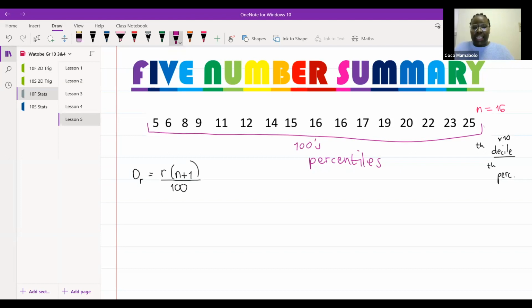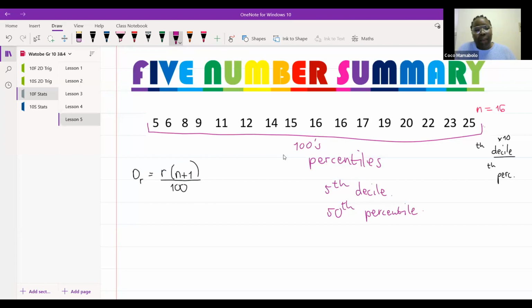Yes, Isayan, but it's a very complicated procedure, so they don't really ask it in grade 10. It's more of a grade 12 thing. So they hardly ever ask it in the opposite direction. Correct. Do you see what Watobe is saying? The 5th decile, because 5 times 10 would be the same as the 50th percentile, right?